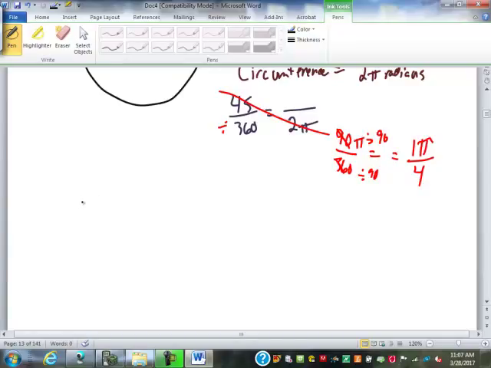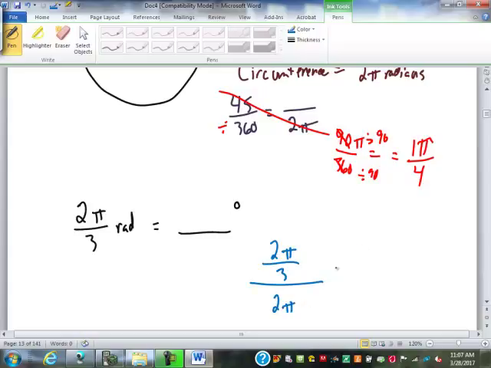So if I have something that is 2 pi over 3 radians, and I want to convert that into degrees. Well, again, I've got 2 pi over 3 over a total circle is 2 pi, right?